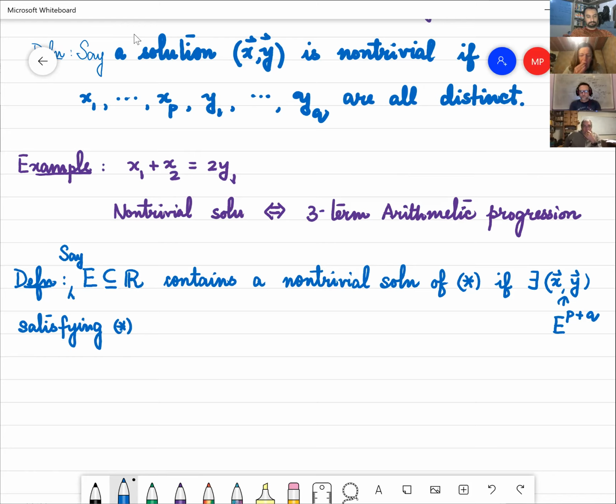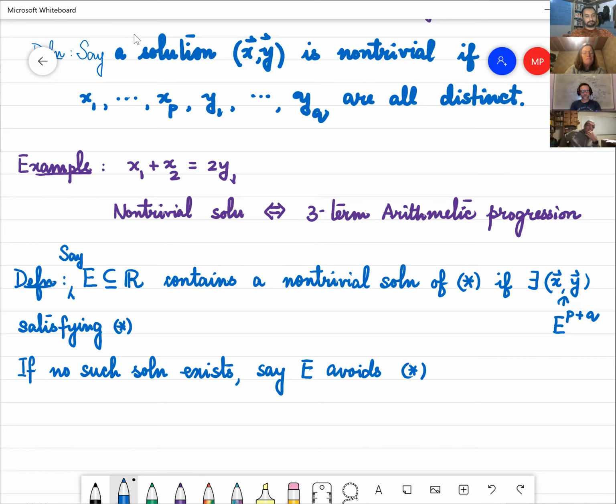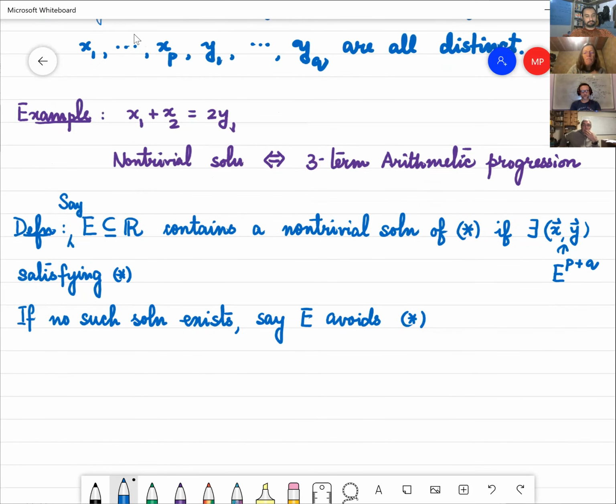And if no such solution exists, we say that E avoids star.